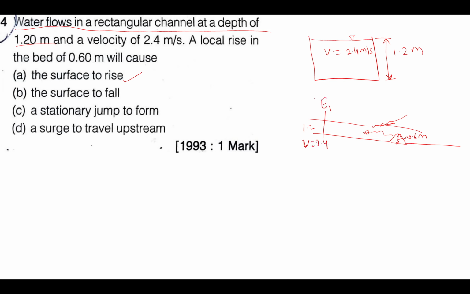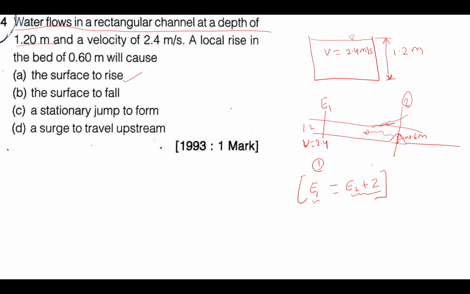If the energy at section 1 is equal to the energy at section 2, with the hump provided here, then definitely the flow will pass.